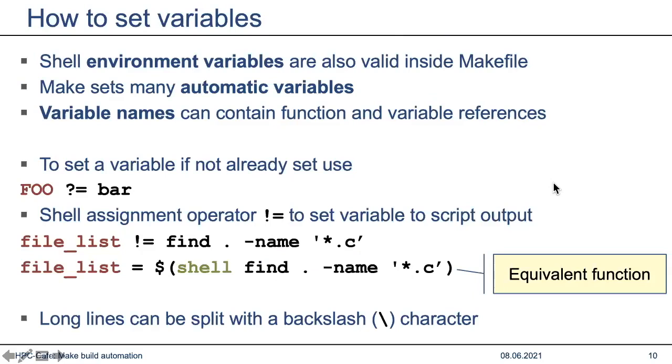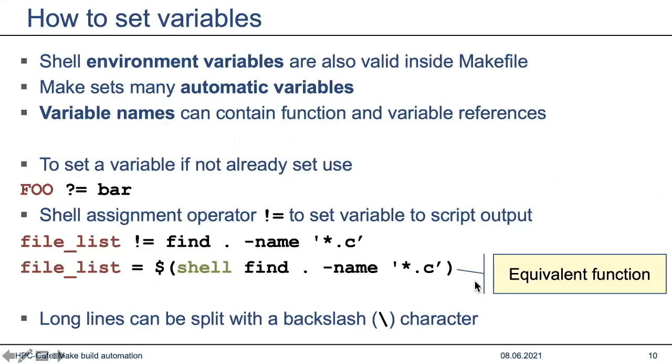Now, a few words about variables. How to set variables in makefiles. First, the shell environment variables are also valid inside the makefile. So when you set variables in your shell, you can use them within the makefile, similar to a shell script. Then, as mentioned, Make sets many automatic variables. So there are a lot of predefined variables. Variable names can contain functions.